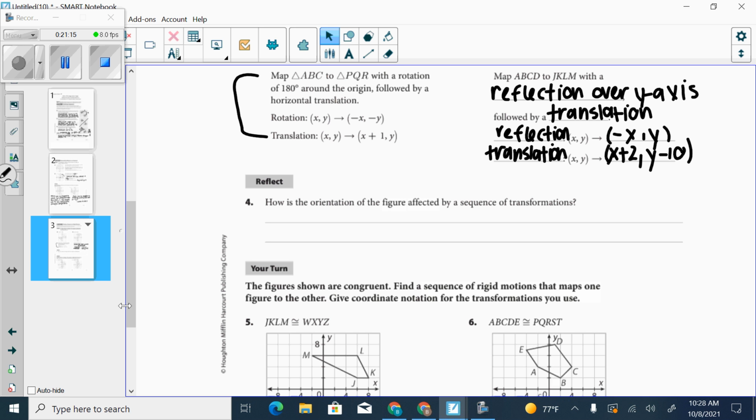Orientation, right, because it was facing a different direction once we flipped it. So the figure's orientation will change with the reflection.